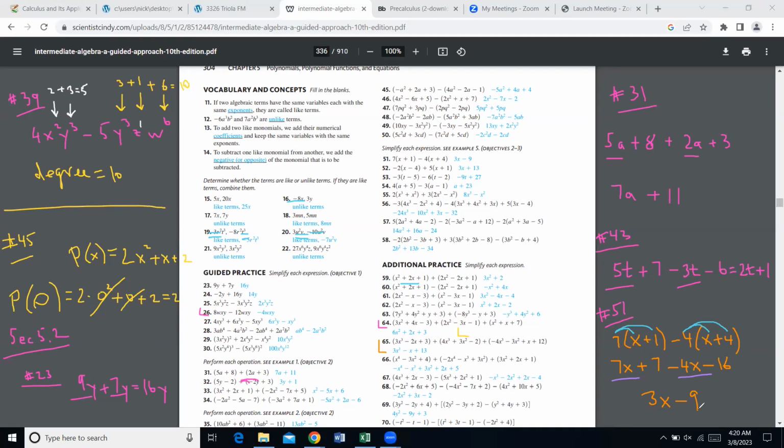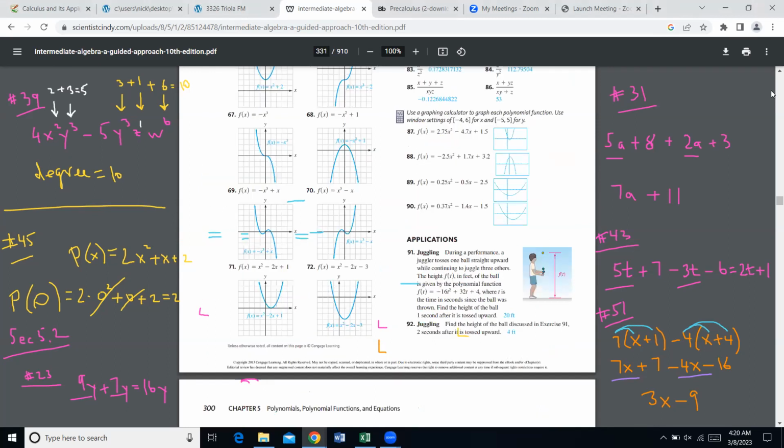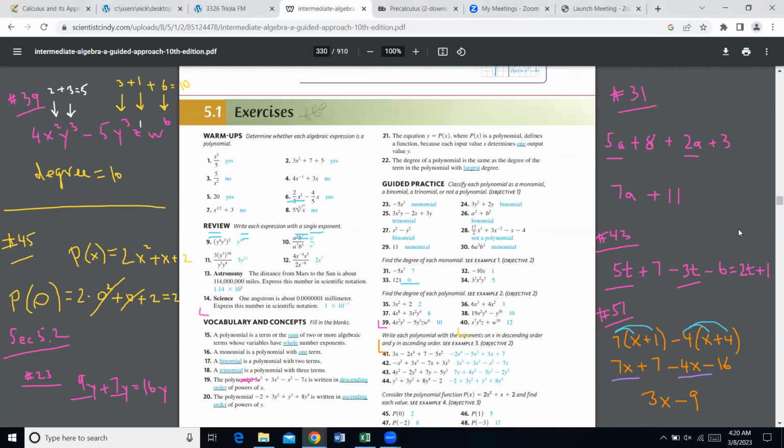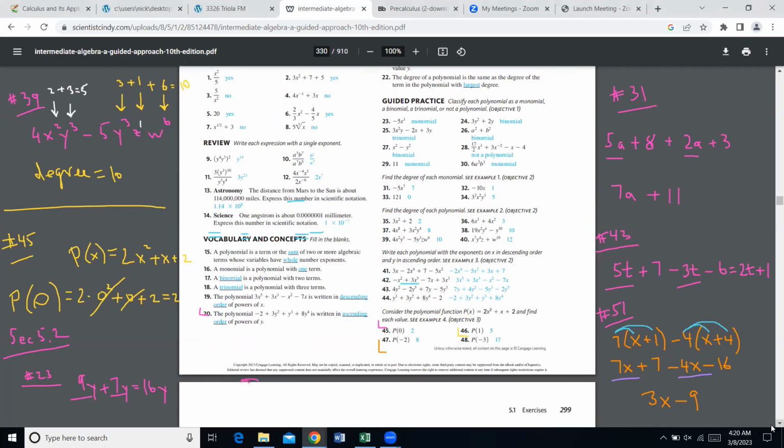So maybe I can ask you to do a little problem analogous to what we just did in the previous section, 5.1, to find a degree. So let me do one more here to make you recall what we did with degrees. So if I look at the polynomial, let's say in exercise number 41.